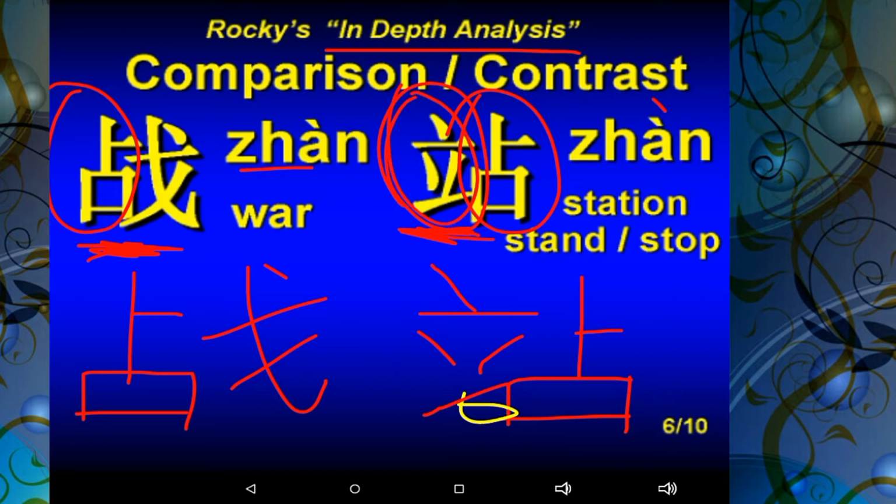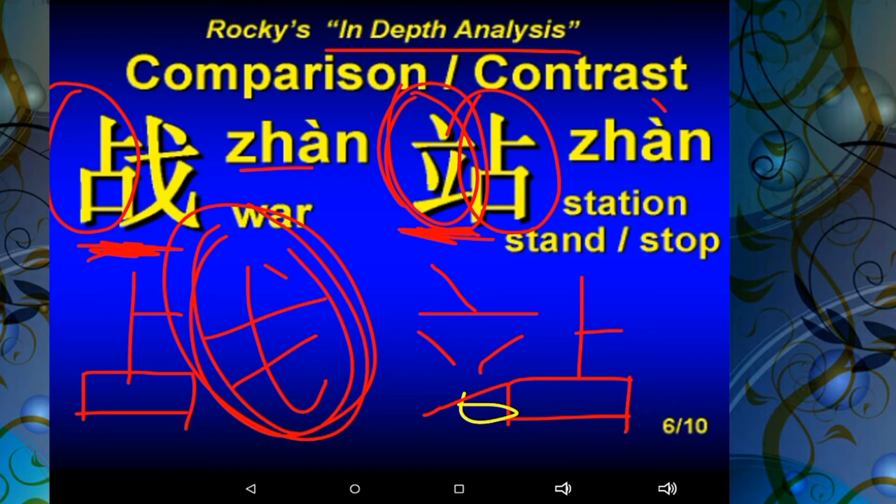This 2nd radical on the Zhan character, okay, I want to show you this one. This 2nd character means spear, or it means lance. Now this character on the Zhan side, this character means Li, it means stand. It actually has a name.